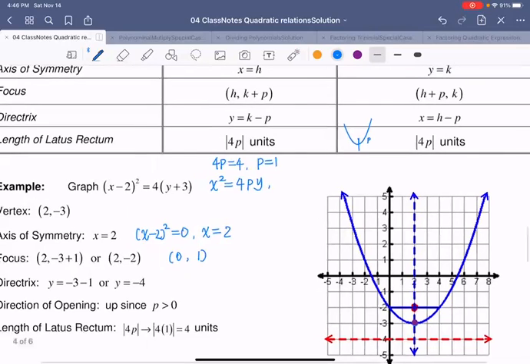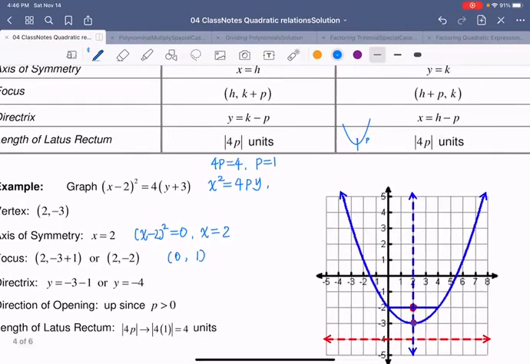But everybody has to do the shifting. Our vertex, the center, is at 2, -3. So I need to move my 0 to 2, and then 1 minus 3, which is -2.